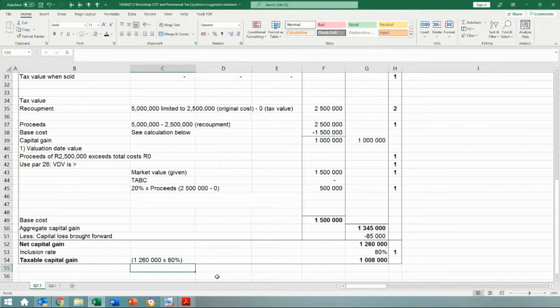You can just indicate in the chat function if you're okay with the explanation, or if you've got a question, please type it in the chat function, or you are welcome to raise your hand and then explain it to me over the mic. Are you guys okay?